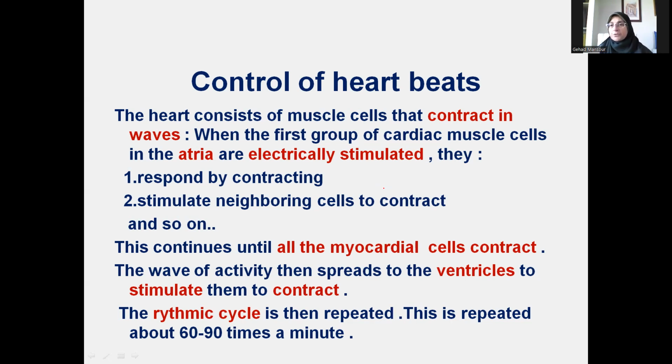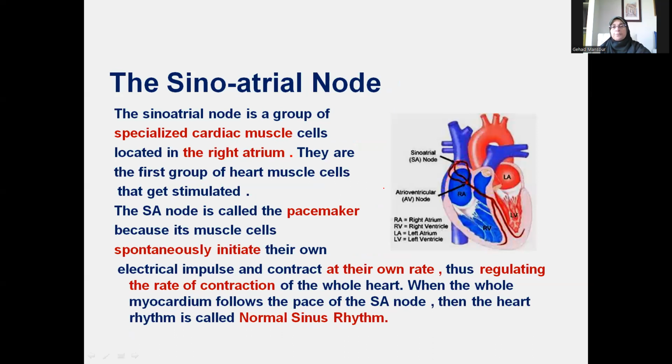Because if you are exercising heavily, like some coaches do, and force you to reach a target rapid pulse of 130 or 140, we cannot say that this is sinus tachycardia. This is a physiological response to severe strenuous exercise. But if you are resting and your sinus rate is more than 90, then this is sinus tachycardia, okay?